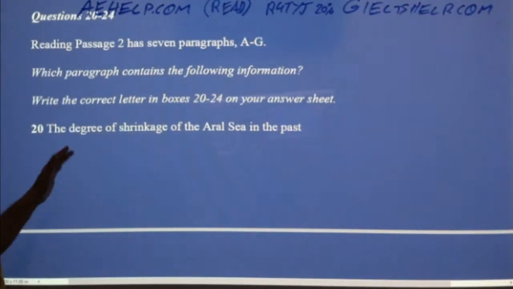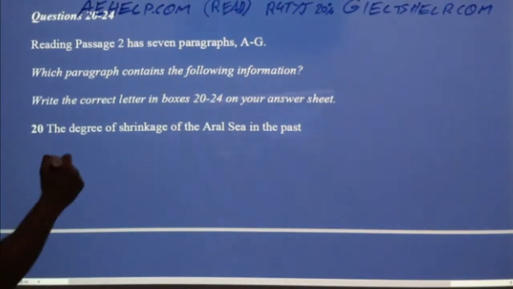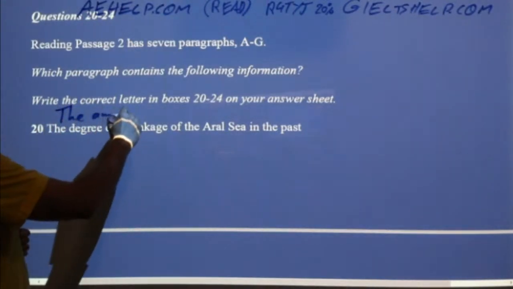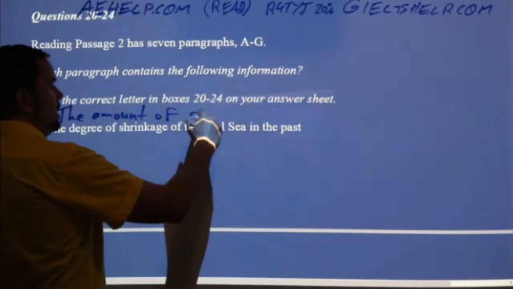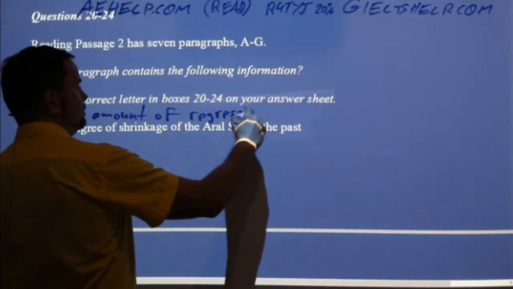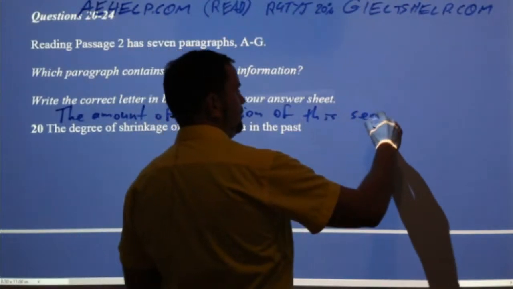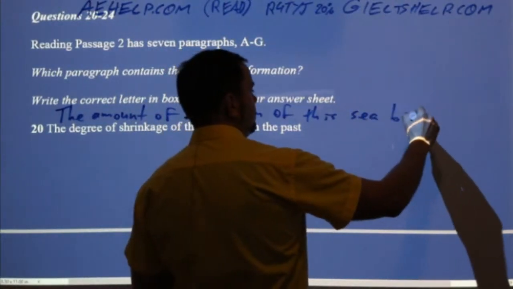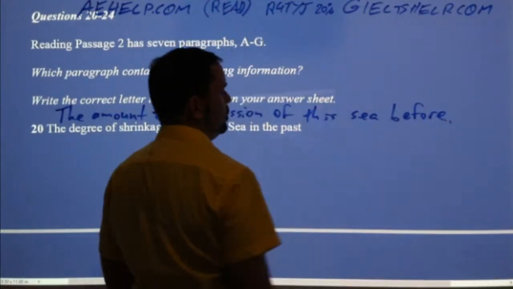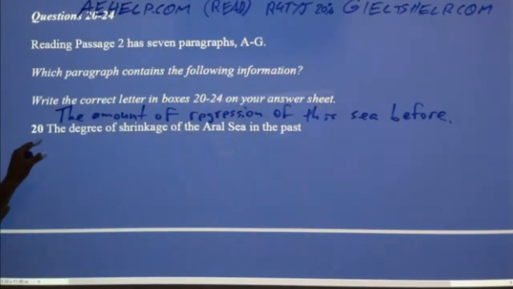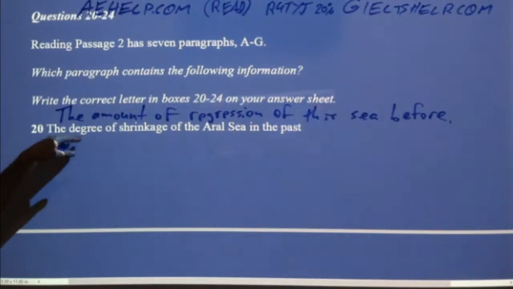So here, while you're reading this, you want to kind of think about this in a different way. So this is what I would think here. The amount of regression of this sea before. Okay. Now at home, you want to write down the paraphrase. So students, what I'm doing here is I'm saying the same statement.